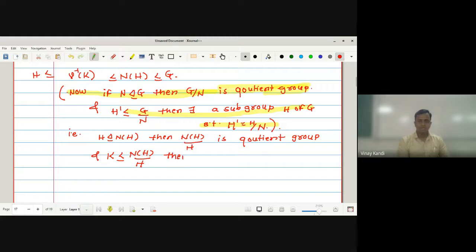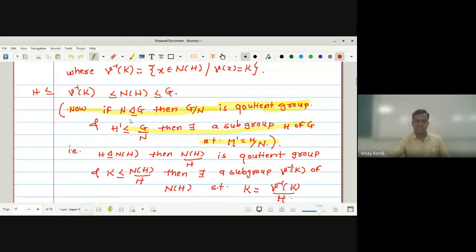Then there exists a subgroup gamma inverse K of N of H such that K is nothing but gamma inverse of K upon H. Okay, we have used this same result here.